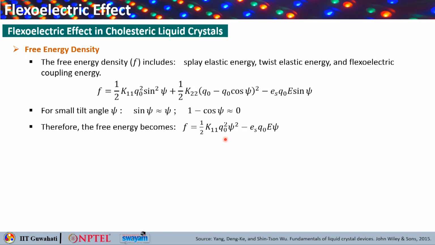Instead of sin square psi, you can simply write psi square, so you get half K11 Q naught square psi square. Now this term becomes 0, so it goes out, and the last term only becomes Es Q naught E psi. So this is the free energy density when the tilt angle is very small.